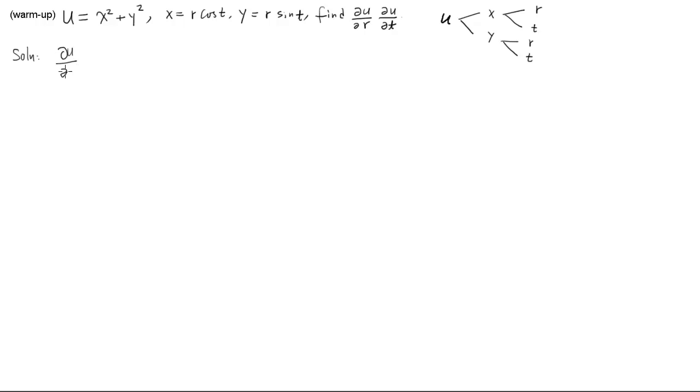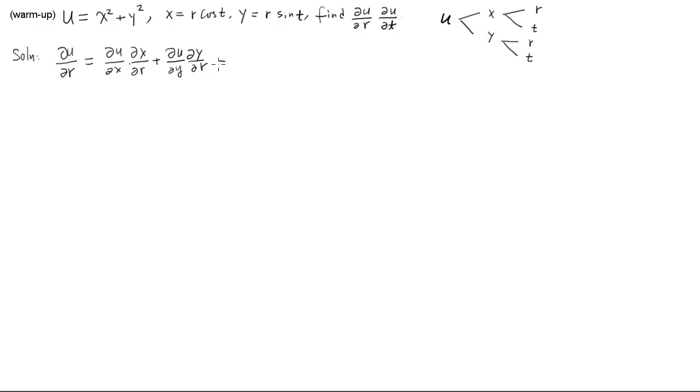According to our formula, this is going to be the derivative of u with respect to x, and then the derivative of x with respect to r, and then plus the derivative of u with respect to y, and then the derivative of y with respect to r. You can see we first take the derivative of u with respect to x, and then x with respect to r, and y and r.